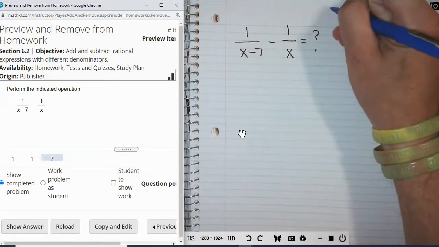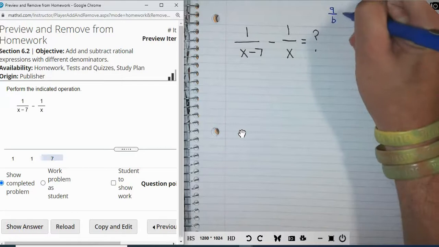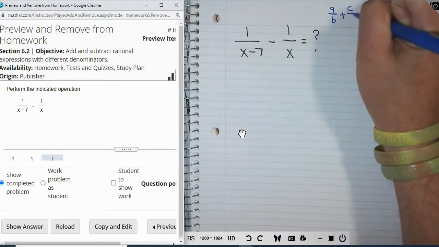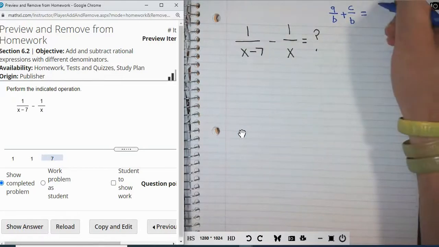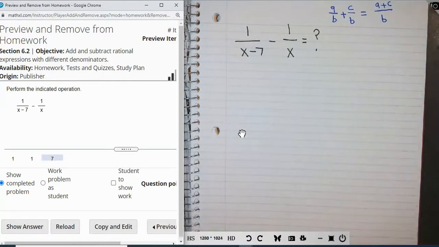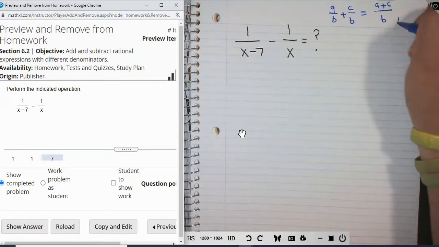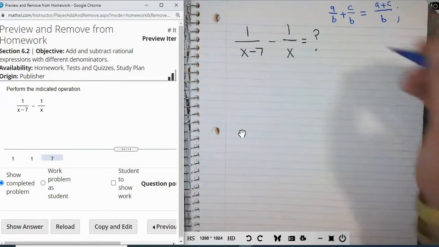So, if we had a over b plus c over b, that would actually equal a plus c over b. That is, we keep our common denominator here, and then we just add our numerators. And then there's also the idea of subtracting these things.